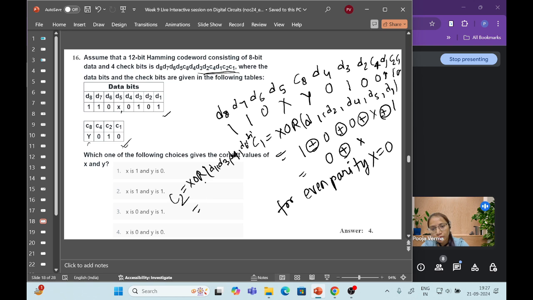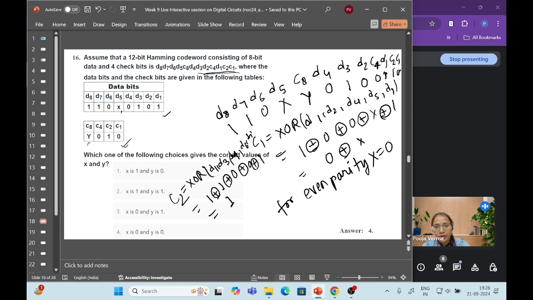So D1 is 1, XOR D3 is 1, XOR D4 is 0, XOR D6 is 0, XOR D7 is 1. Here the number of ones is odd, so 1.